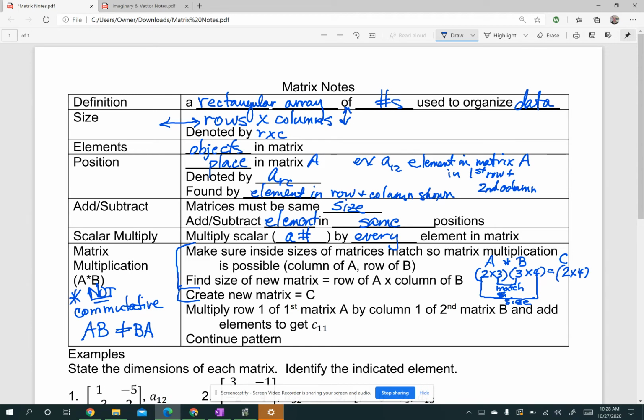Okay. If we were multiplying these by hand, we would multiply the row of the first one by the column of the second one, and then we continue that pattern. But we're not going to do these by hand. We're going to do these in your calculator. So you're going to need a calculator.